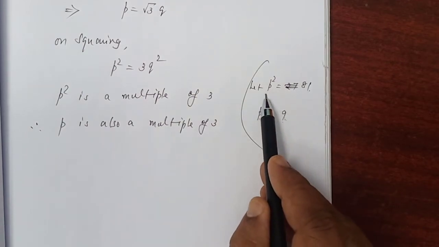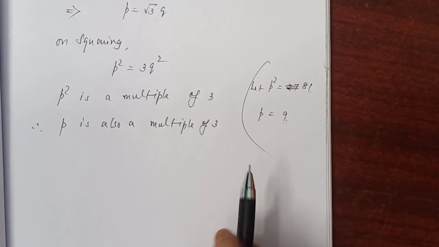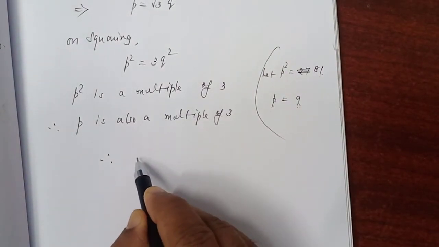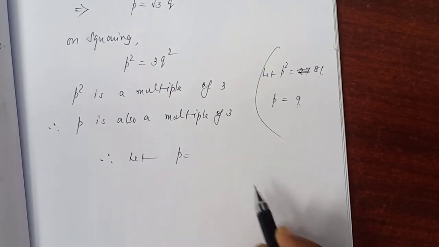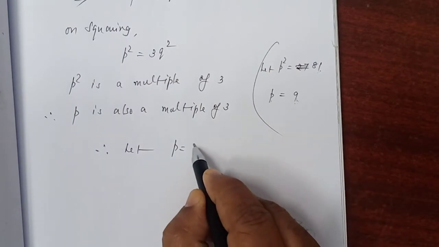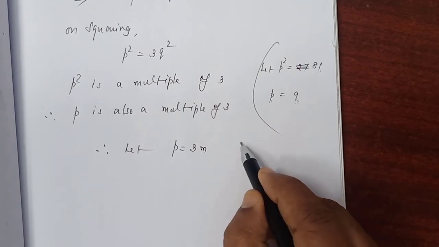So, if P squared is a multiple of 3, then P is a multiple of 3, remember. Therefore, since P is a multiple of 3, I consider P equal to 3 times M, where M is an integer.